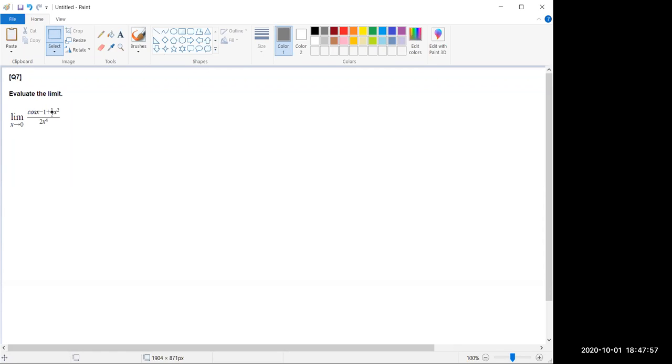Limit as x approaches 0 of cosine of x minus 1 plus 1/2 x squared, all over 2x to the 4th.